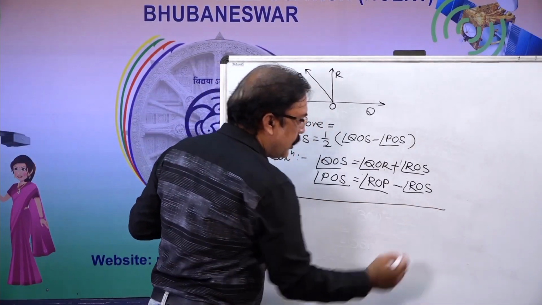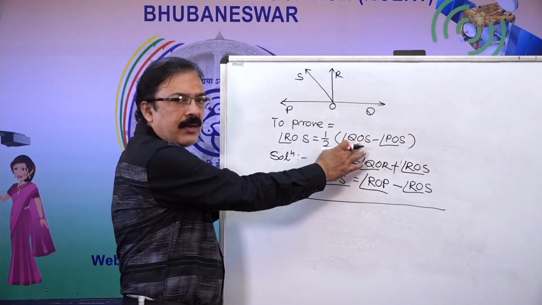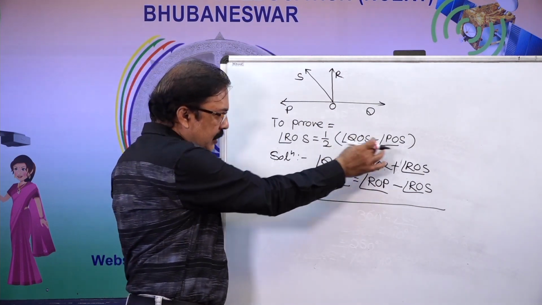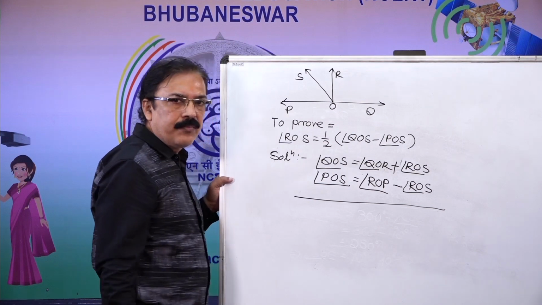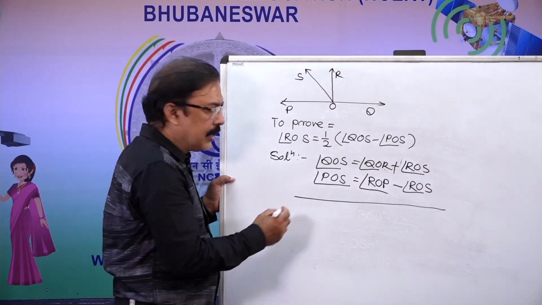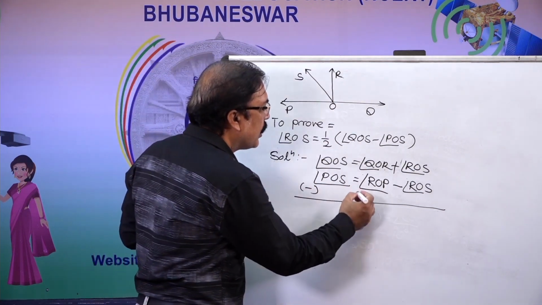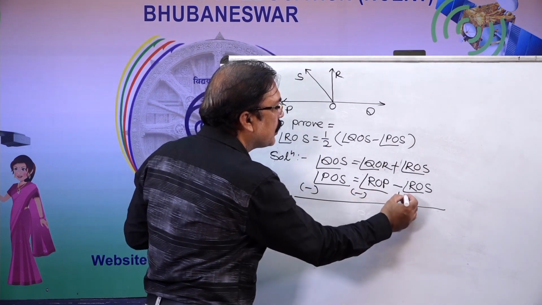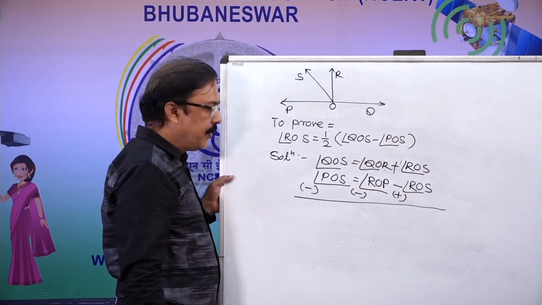Now, as it is given to find the difference between these two, QOS and POS, we have to subtract them. By subtracting, let's change the sign of each.